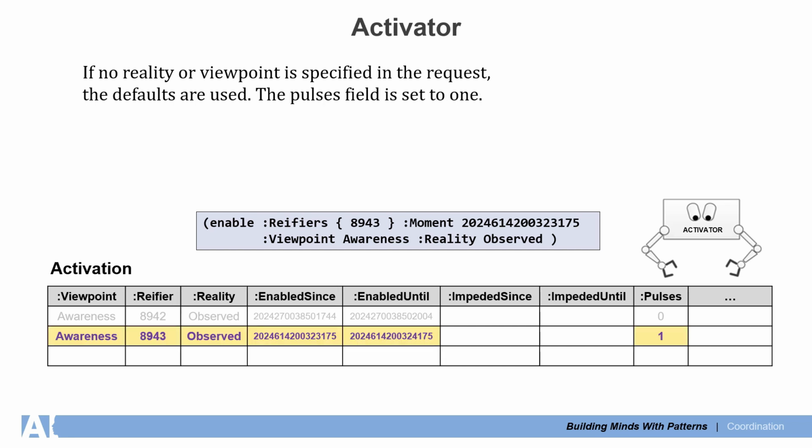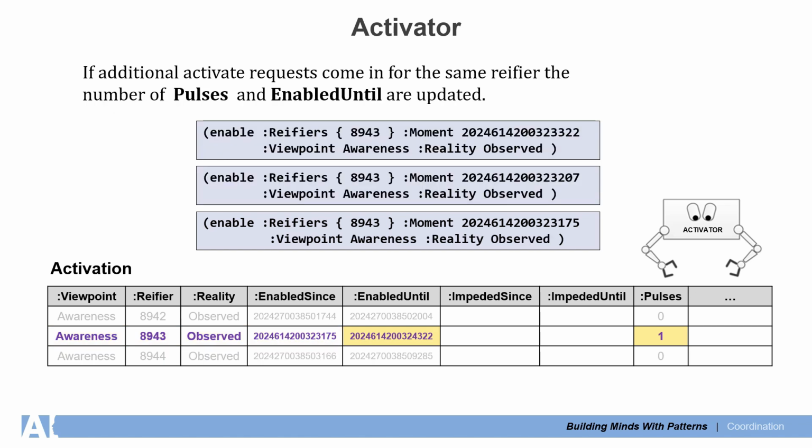An entry is made for the activation, and the pulses field is set to 1. Additionally, the enabled since and enabled until fields are set to the moment for the particular viewpoint, reality and reifier. If additional activate requests come in for the same reifier, the number of pulses and enabled until field are updated.